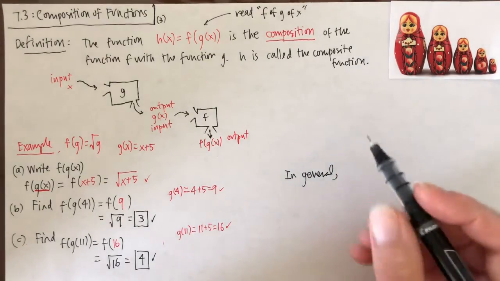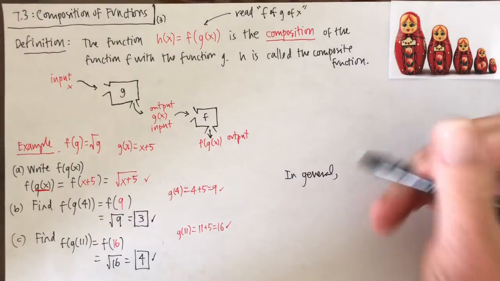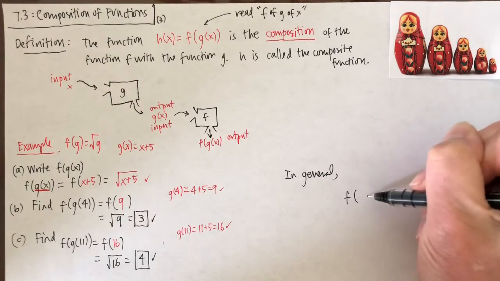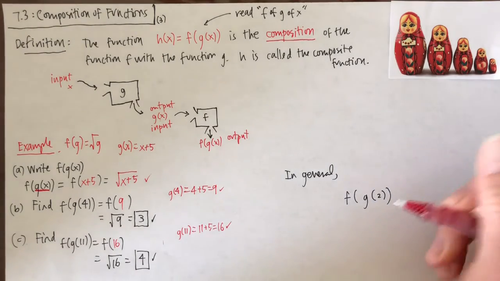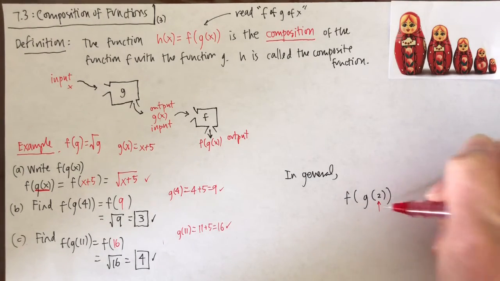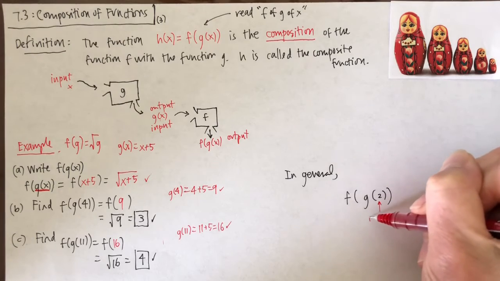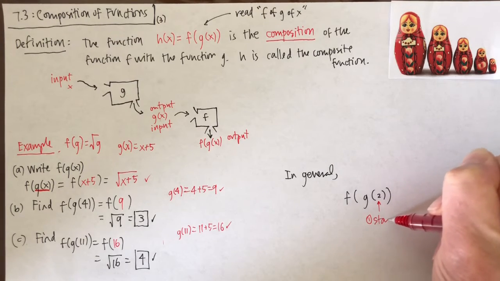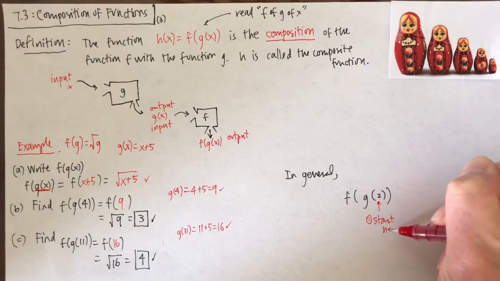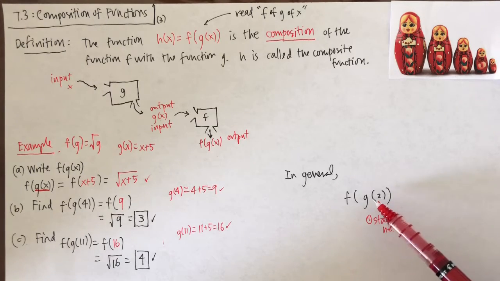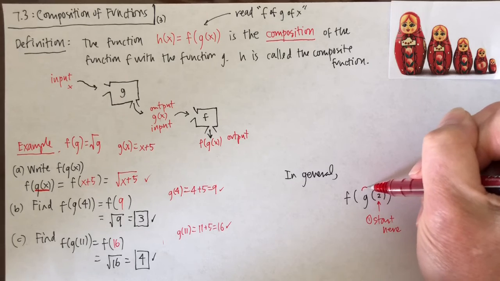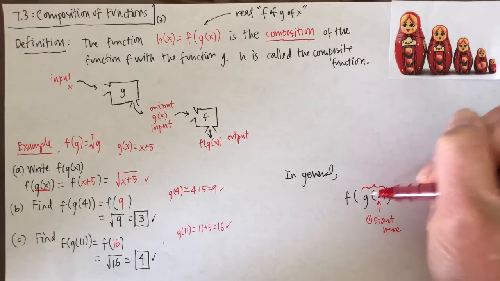Okay, so in general, if you had something like this, f of g of 2, that you're asked to find, you start in the innermost part. So start here. And then you think, okay, this is my input, 2. And then next, I need to put 2 into the function g.